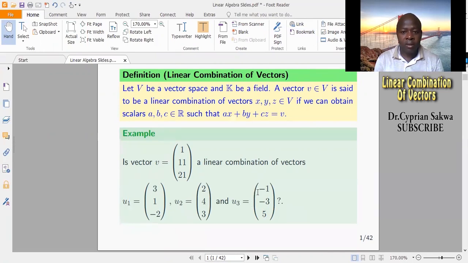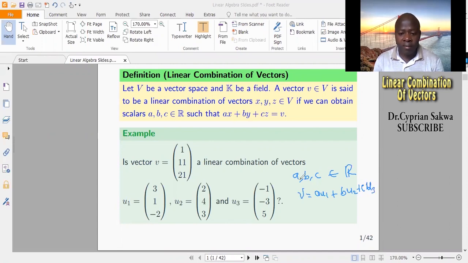In other words, what we want to see is whether we can find scalars A, B, C, whether these scalars exist, such that V can be written as A U1 plus B U2 plus C U3.